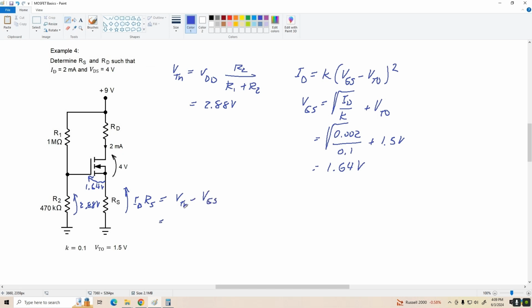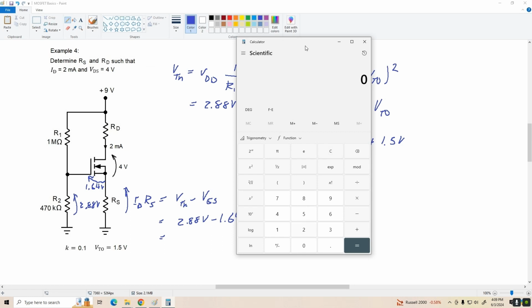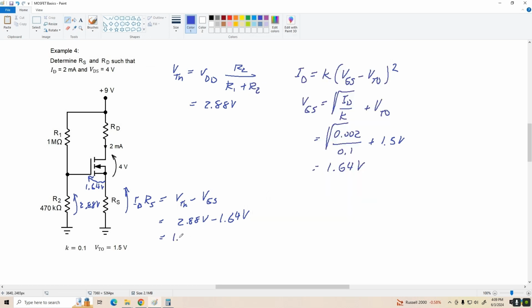So that's 2.88 volts minus 1.64 volts. And that drop is, let's see, 2.88 minus 1.64 is 1.24 volts. So we need to drop 1.24 volts across RS.